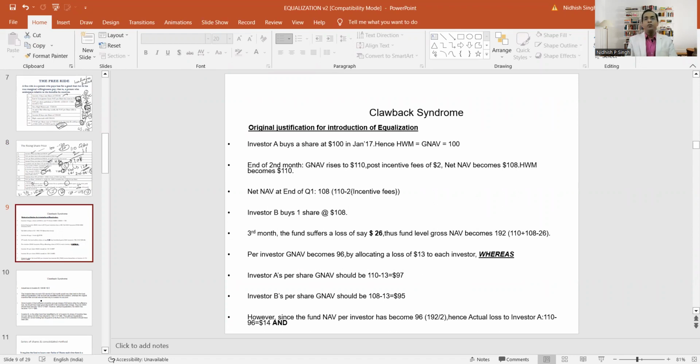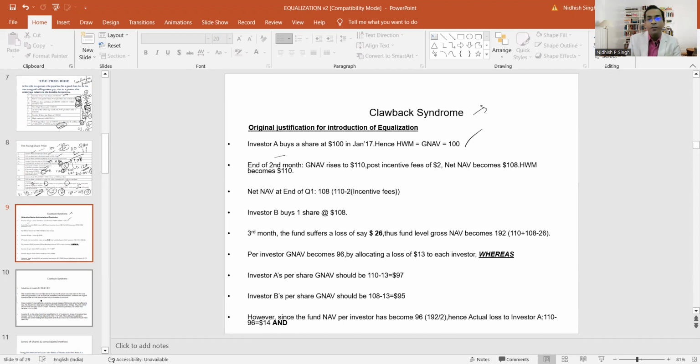Again, if we look at the clawback syndrome, which equalization will try to fix, that is related to the free ride only. In the clawback syndrome, we try to find out what are the issues in the equalization method that we need to be cautious of. So investor A, we have already gone through a couple of examples, so it will be easy to walk through.